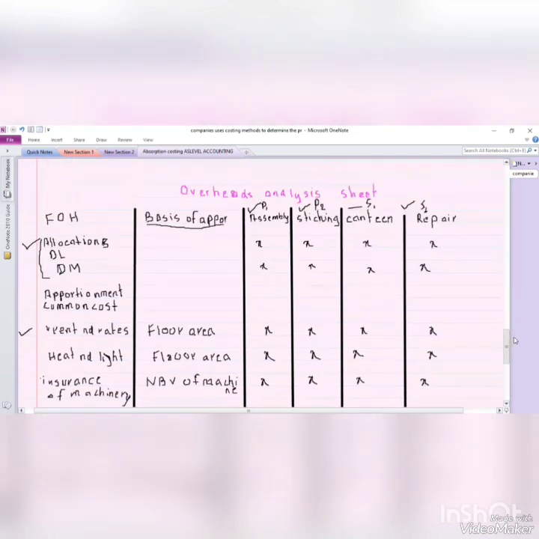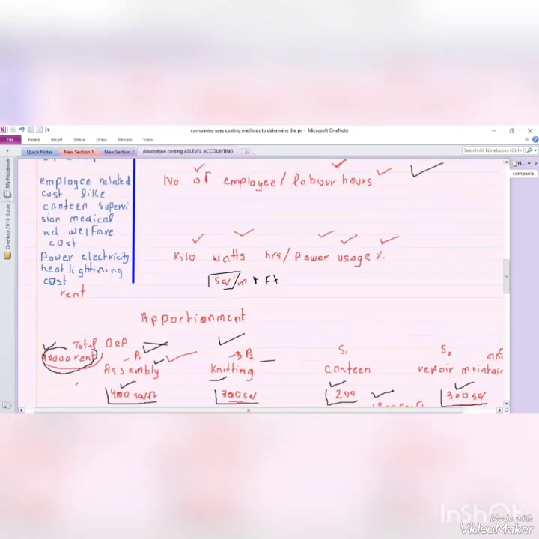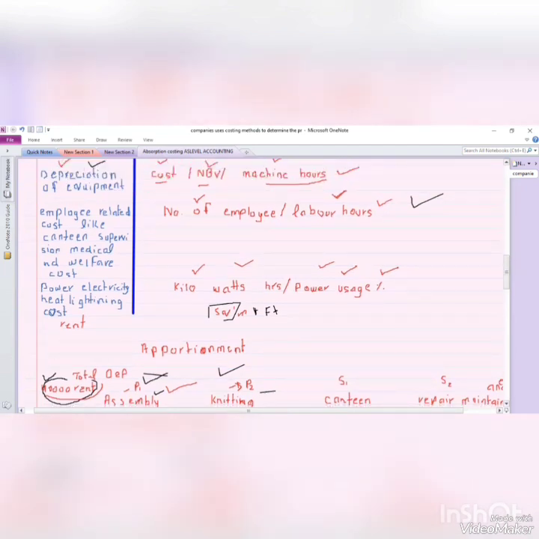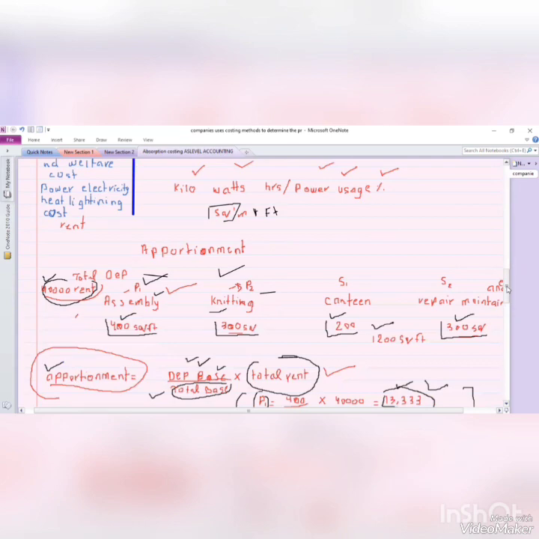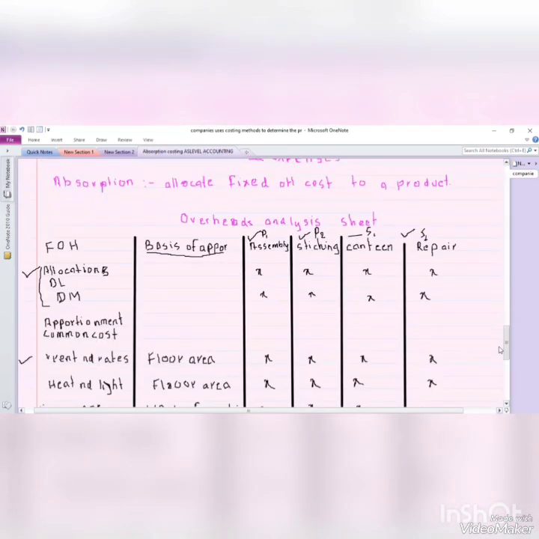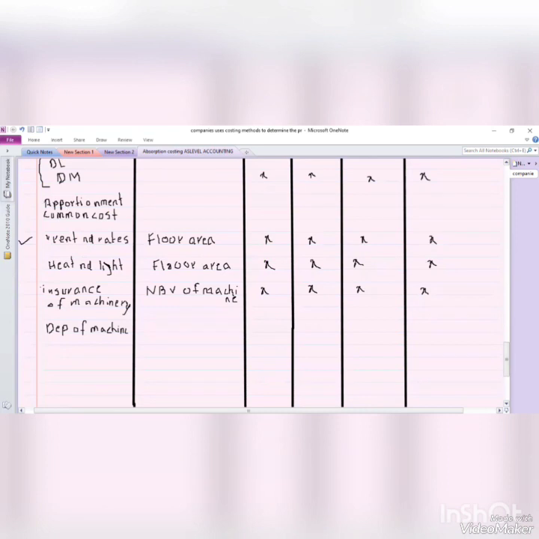I already discussed this chart with you. If the examiner gives you the cost, you should use that. If there is no cost given, you should use net book value. And if there is no net book value given, you should use machine hours. So we can use these three fair bases if we want to distribute this depreciation among all four departments.